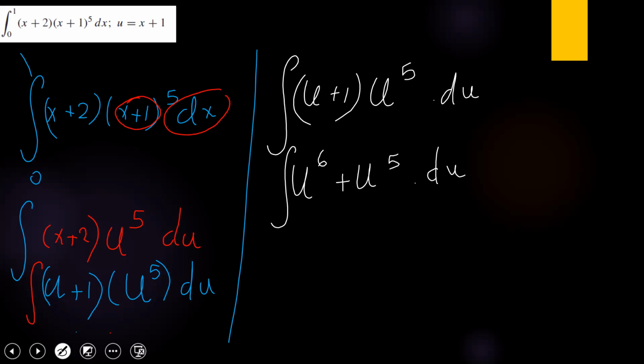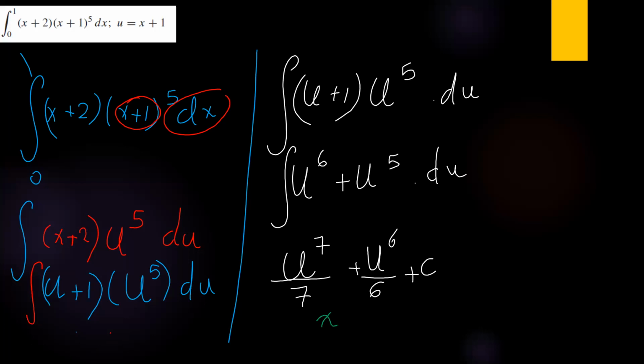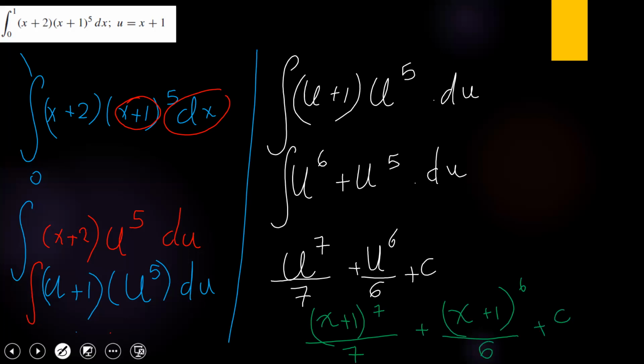We can find its integration. It is u to the power 7 over 7 plus u to the power 6 over 6 plus c. After we find the integration here, we have to evaluate with x plus 1. So x plus 1 to the power 7 over 7 plus x plus 1 to the power 6 over 6 plus. This is now we find the integration.